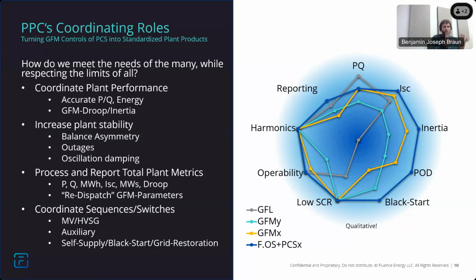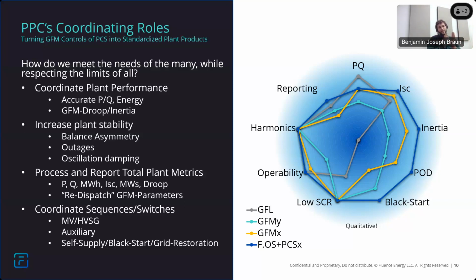So the point of this plot here, I've labeled it qualitative, is to just reiterate the fact that grid forming controls, they're still being developed. Different suppliers have different strengths and weaknesses on their grid forming side. But on top of that, overlaid on that is the dark blue line.